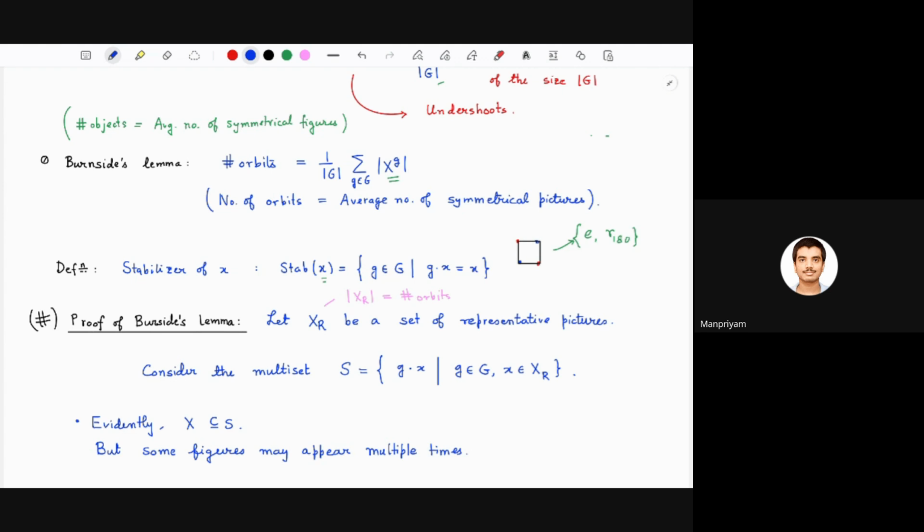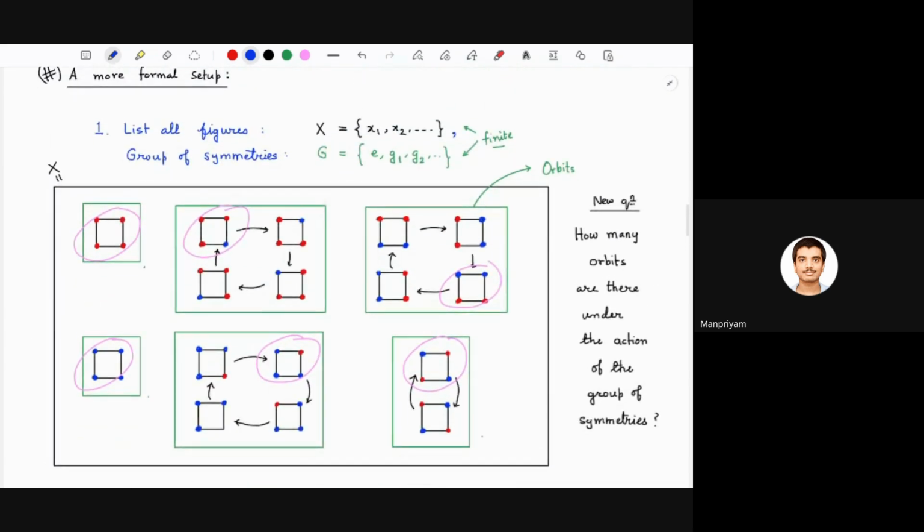Okay. So evidently every single figure comes up. Why? Because by definition, if any figure is in some orbit, and you take the representative of that orbit and you act by elements of the group, you get to it.